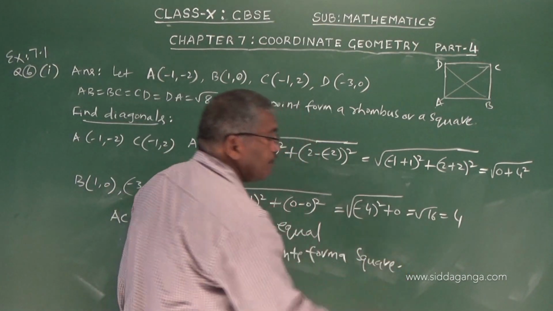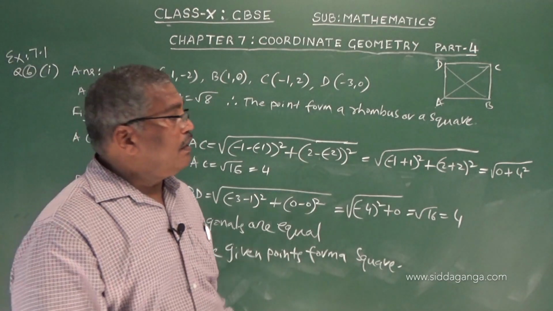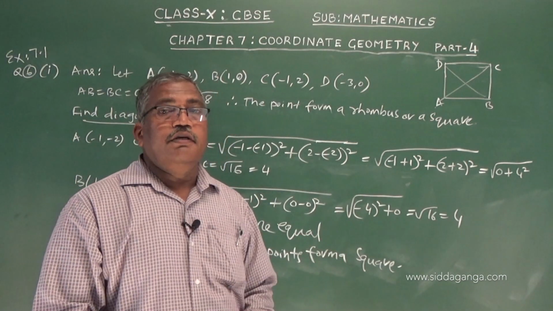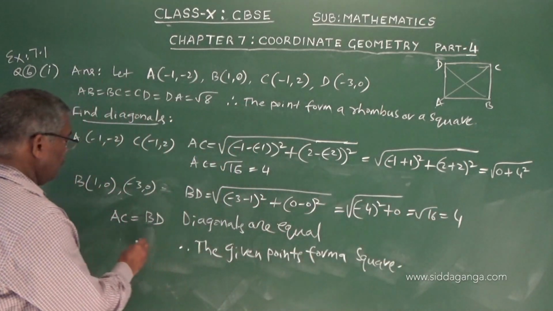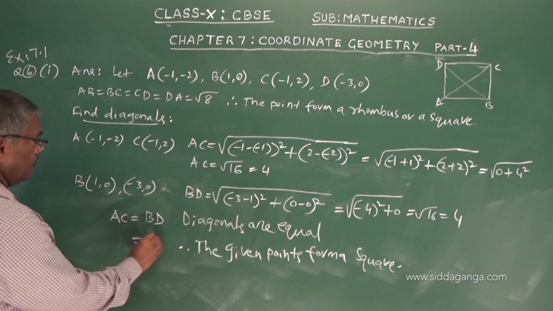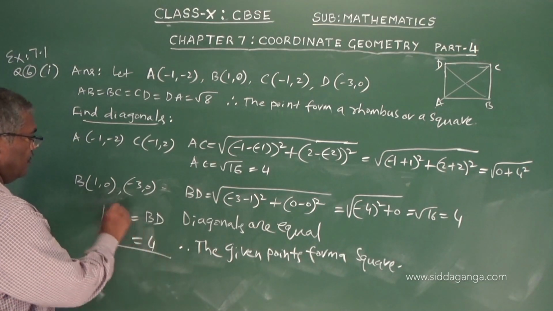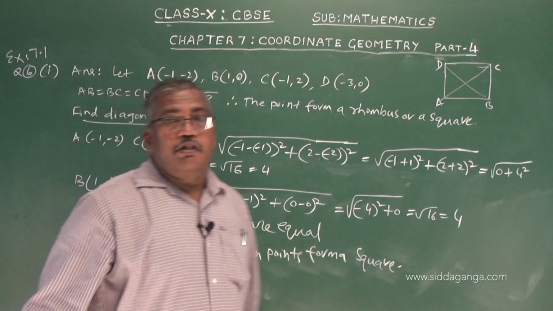How did we come to the conclusion? All four sides are equal and the diagonals are also equal. Both diagonals are equal to 4. So therefore we have solved the problem.